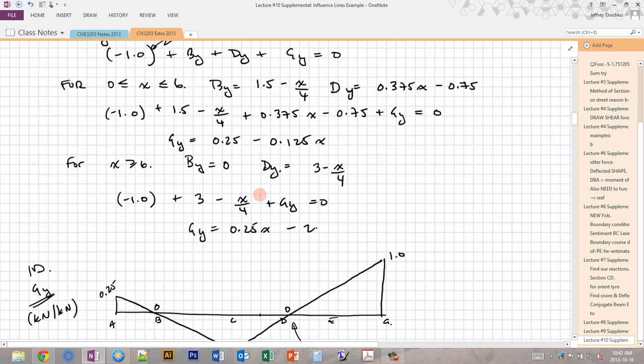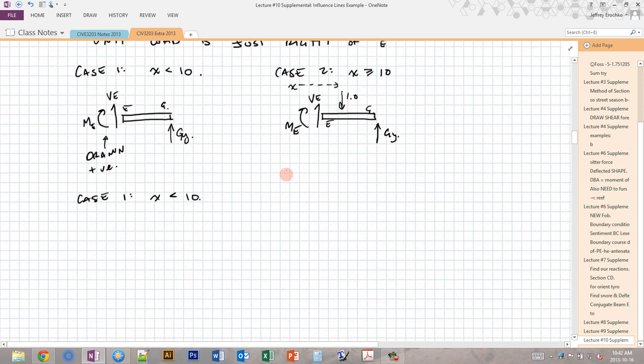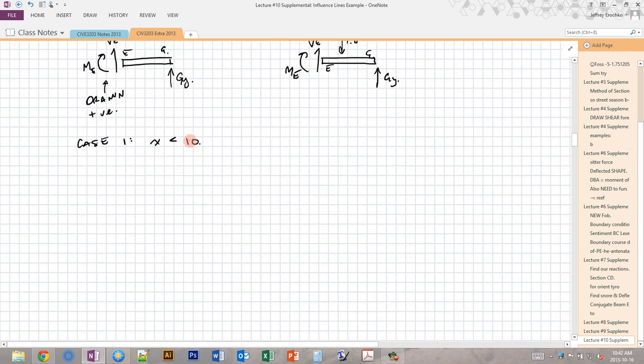As you recall, if x is less than 6, we have one GY, and if x is greater than 6, we have another. So we actually have two subcases within case 1 for finding the shear. So for 0 less than or equal to x less than or equal to 6, we recall GY is equal to 0.25 minus 0.125x.